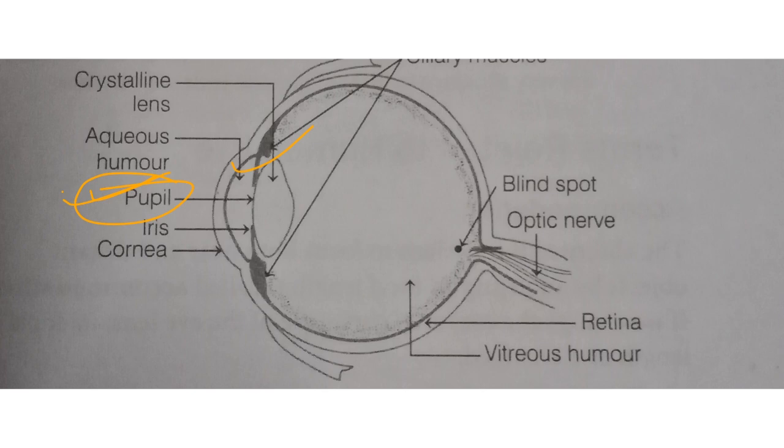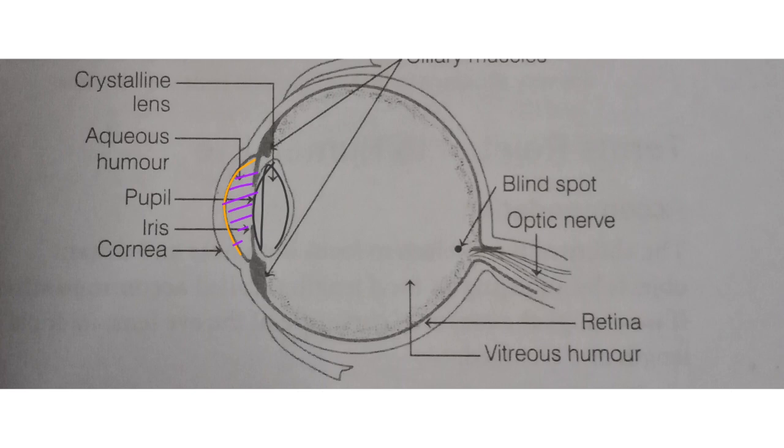Now let us move to the next part, that is aqueous humor. Now the space between eye lens, this is eye lens, and this is cornea. Now the space between iris and cornea is filled with a fluid, right? This fluid is called aqueous humor. It is the watery liquid, okay?